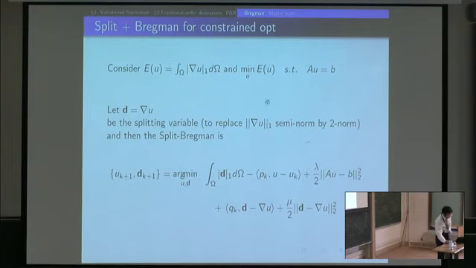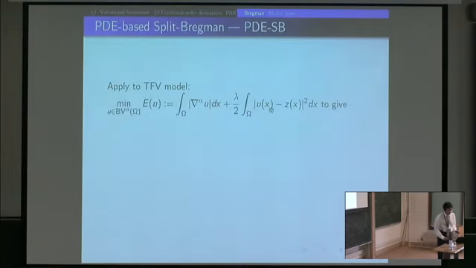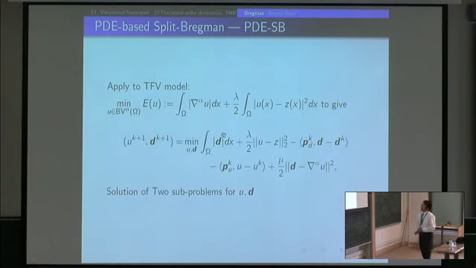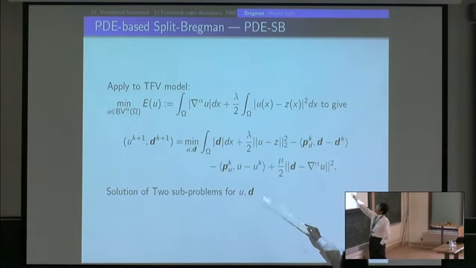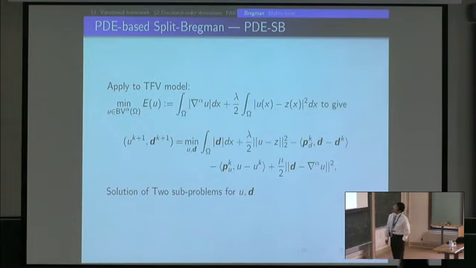Here we propose to use the same idea to solve this fractional model. How do we solve it? First of all, we let D be that fractional quantity, so that the gradient is gone, and the one norm, the modulus L1, becomes this L2, and this makes the resulting Euler-Lagrange equations much easier to deal with.